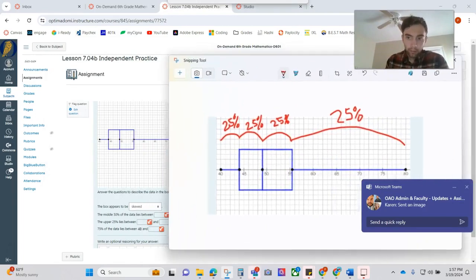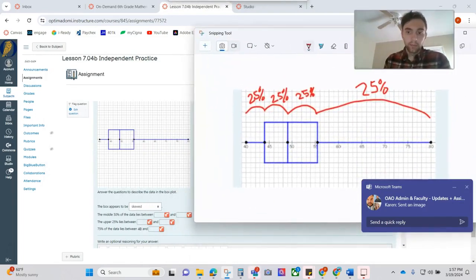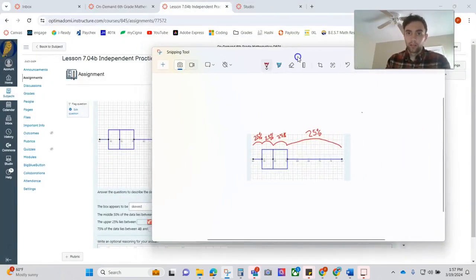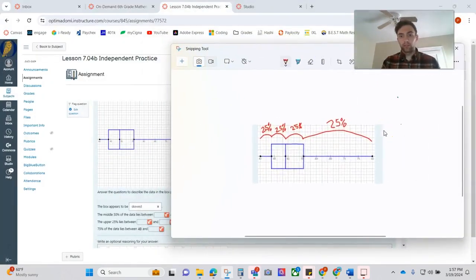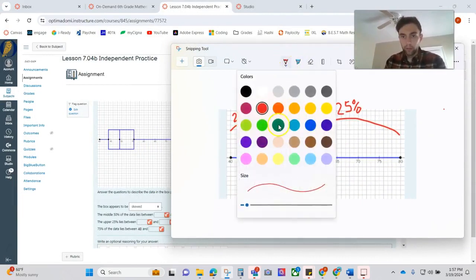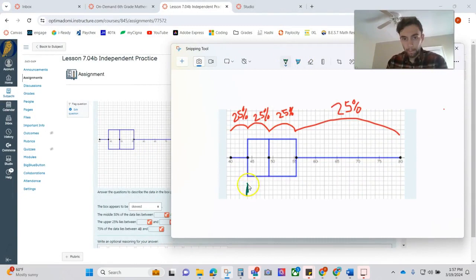Our question is, the middle 50% of data lies between what 2 points? So our middle 50% would be here and here, between those. Cool.